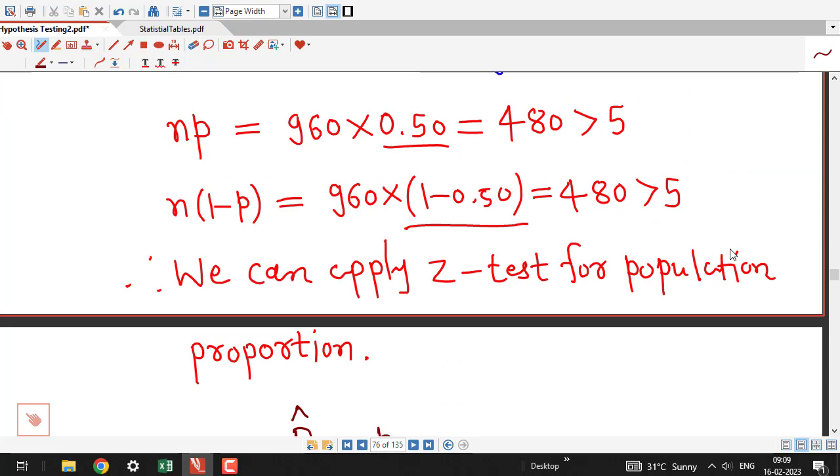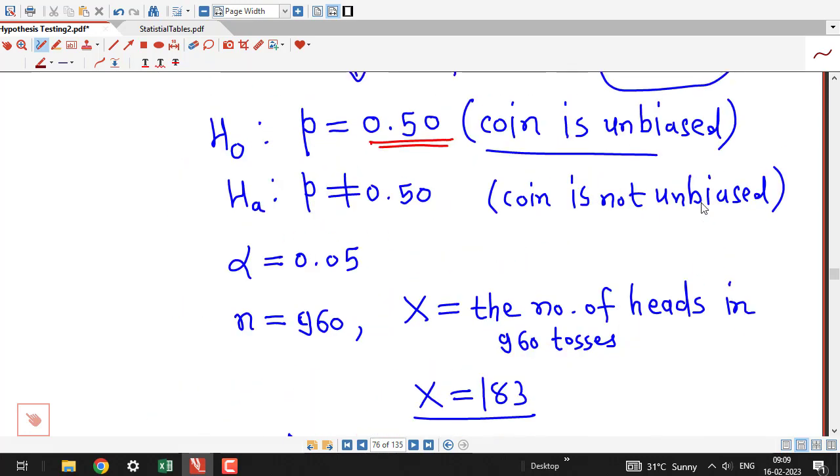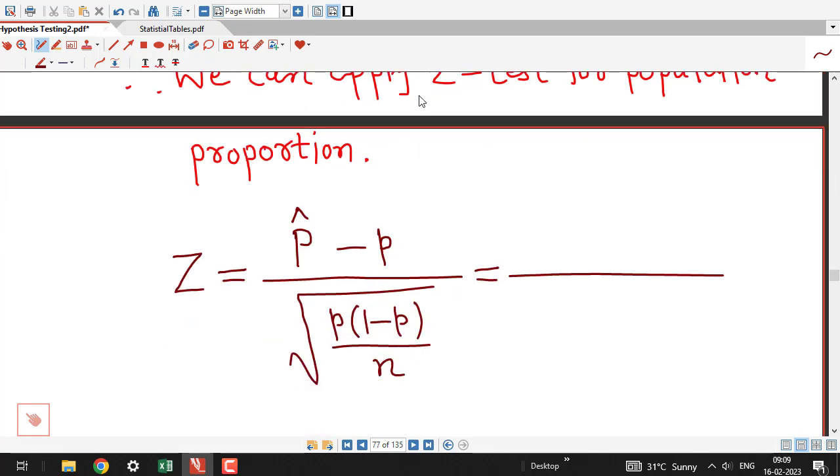Sample proportion we have obtained is 0.1906, population proportion is 0.50. We assume that null hypothesis is true and we are testing that null hypothesis.